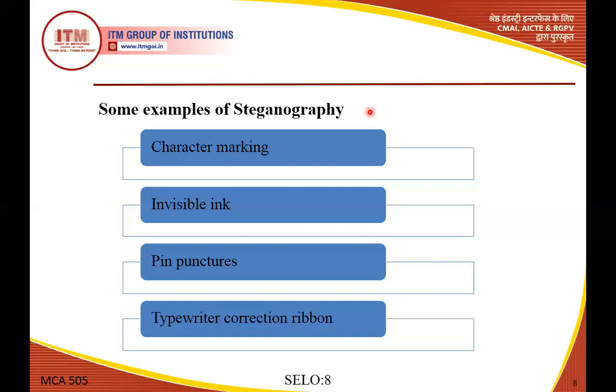After that, the third one is pin punctures. What are pin punctures? Small pin punctures on selected letters are used, which are not visible unless the paper is held up in front of light. So we use some pin punctures to mark the characters, which are not visible to anyone until we hold the paper in front of the light.